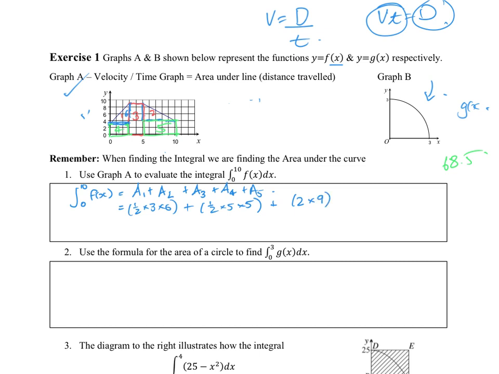Yeah. Okay, what about area 4? 3 times 3. I agree with that. And what about area 5? 5 times 4. All right, go and put that into your calculator. Fingers crossed.